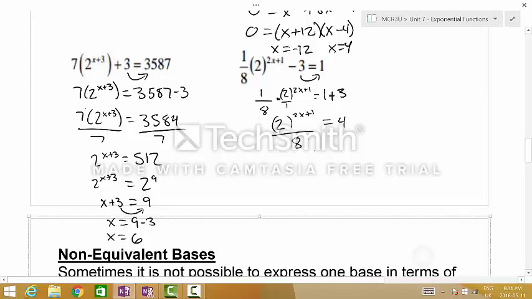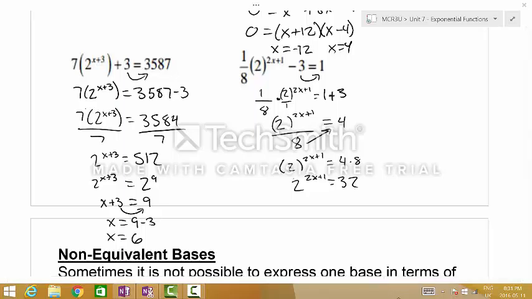From here, I'm going to do a half cross multiply to bring that 8 up to the other side. What that gives us is 4 times 8 on the other side, or 32. And 32 is equal to 2 to the power of 5.